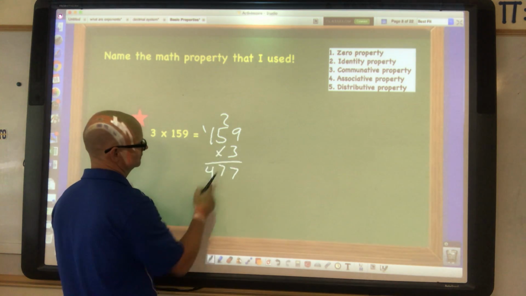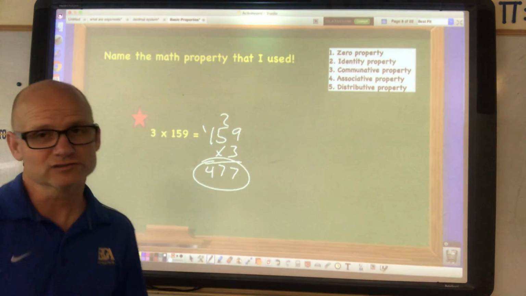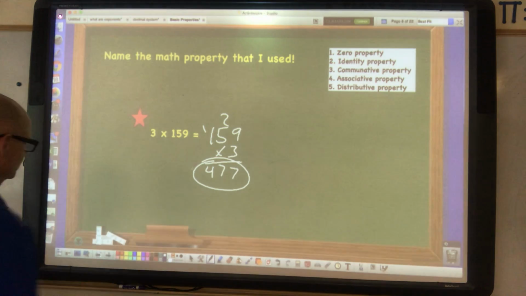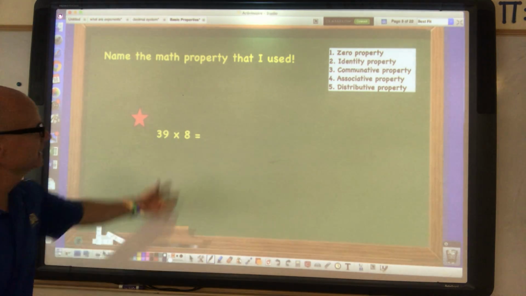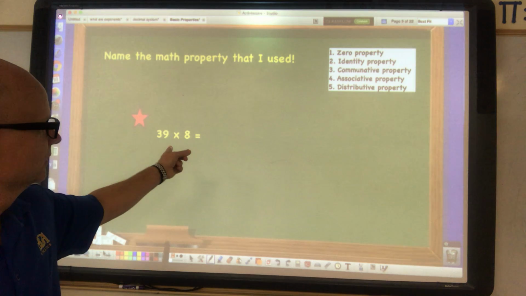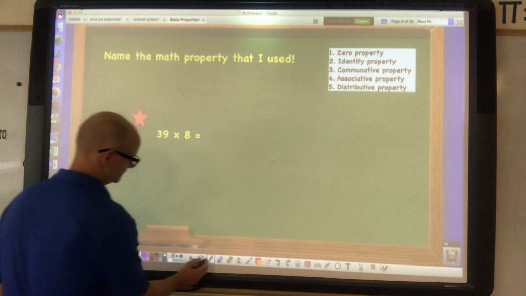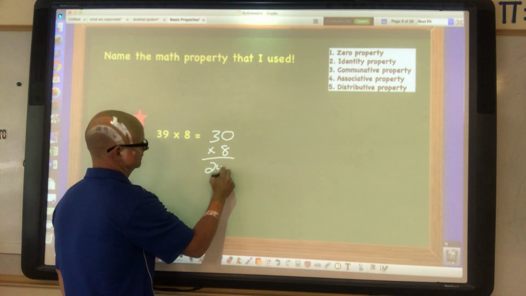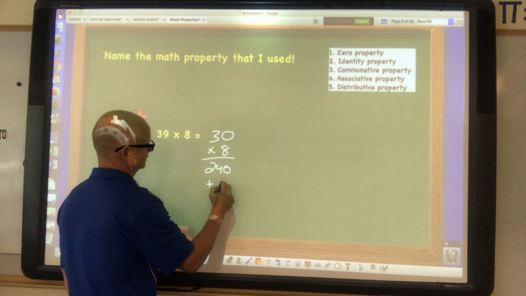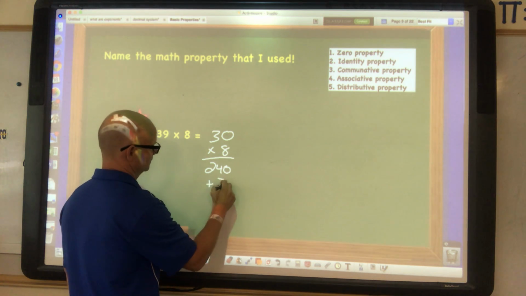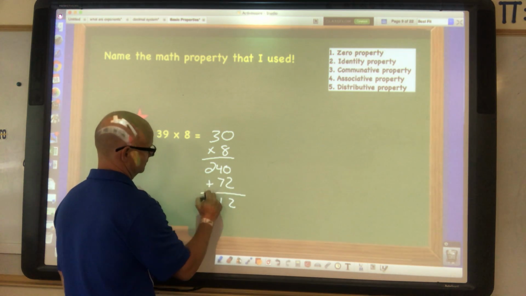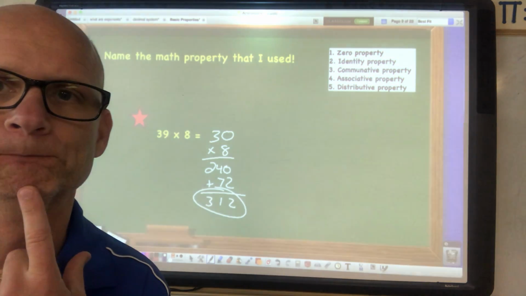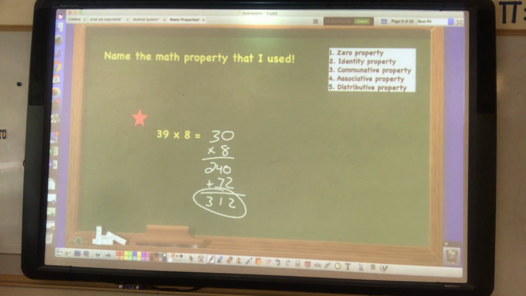Did I do that right? 27. Actually, there's 2 properties in there that I did use. So write one of those properties down, okay? All right. Next one. See again, name this property. Which property am I going to use here? 39 times 8. Let's see. 39 times 8. Ooh. What property did I use there? Name that property, okay?